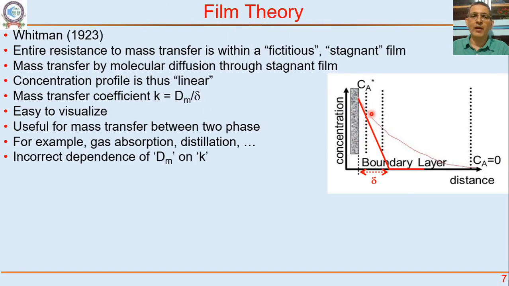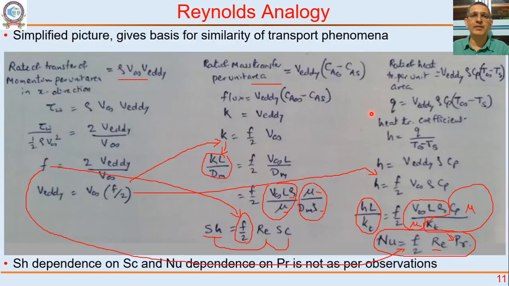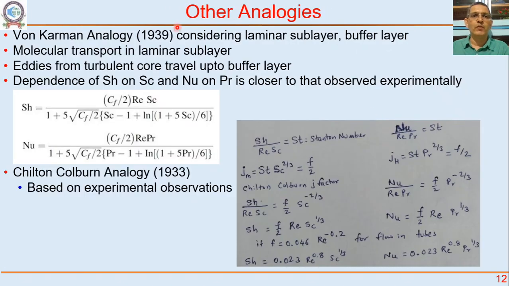So there are other analogies after this Reynolds analogy. Von Karman in 1939 gave an analogy considering this laminar sublayer and buffer layer. It considers molecular transport in the laminar sublayer and in the buffer layer, and eddies in the turbulent core. They can travel up to the buffer layer. We are not going to do this, but you can calculate. Sherwood number is going to be, CF is nothing but friction factor.